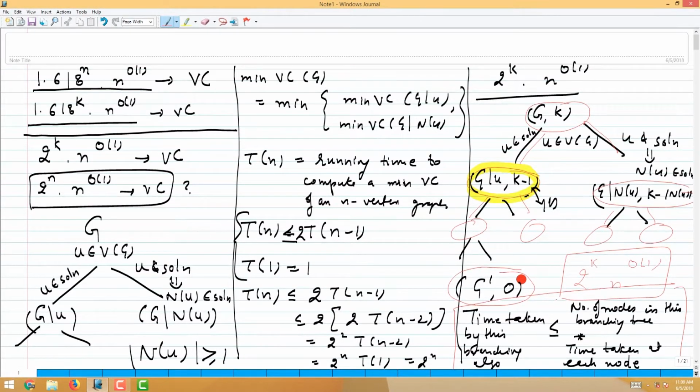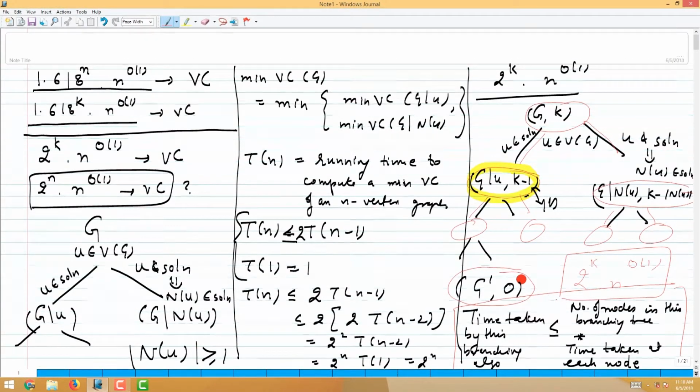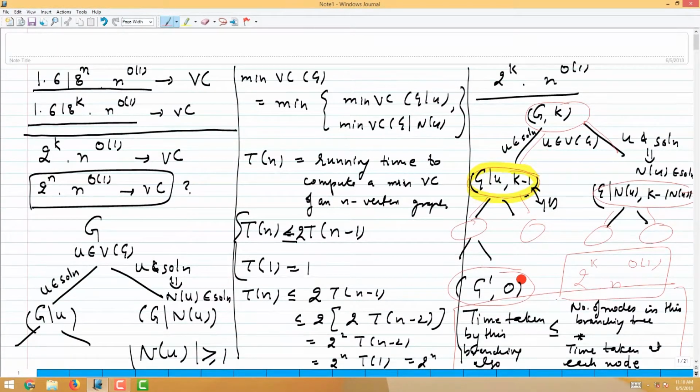So look at this branching tree, look at any branching tree, either this 2^n algorithm or the 2^k algorithm. We said that the number of nodes here is 2^k. Is it true? Are there really 2^k nodes? So let's forget about everything. What I'm asking is a very graph theoretic question.